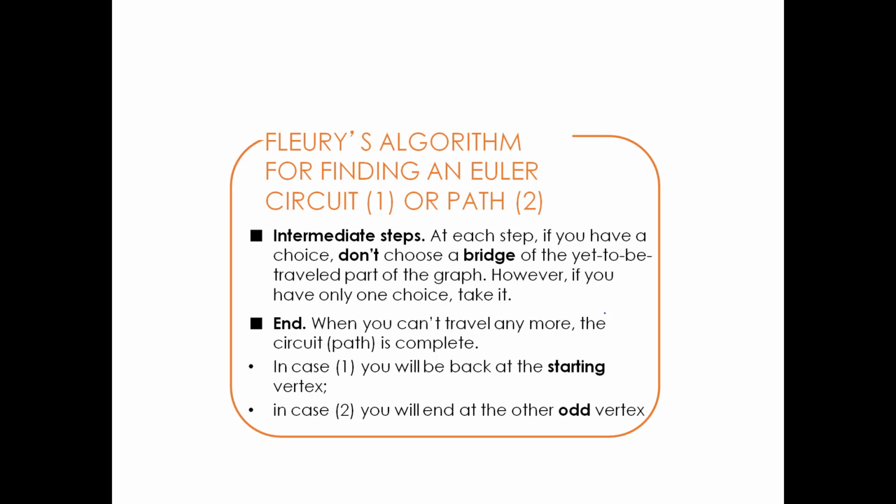However, if you have only one choice, take it. And when you can't travel anymore, the circuit or path is complete. In case 1, you will be at the starting vertex. In case 2, you will end at the other odd vertex. So Fleury's algorithm is basically summarized by saying if you have a choice, don't cross a bridge. If you don't have a choice, then you have to cross a bridge.